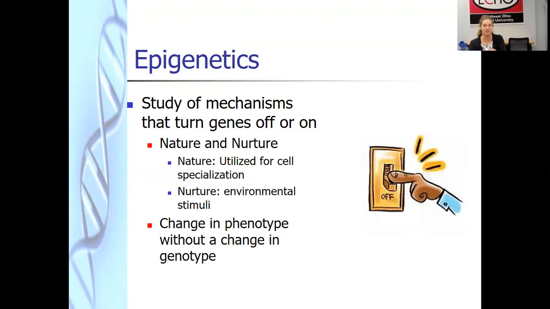It happens because it's supposed to. What we're finding is that nurture, or the environment that you're exposed to, can also cause some of these genes to turn on and turn off. So I thought this was a helpful way of thinking about it. Epigenetics is changing the phenotype, so what it looks like, without actually changing the genotype, without actually changing that code.